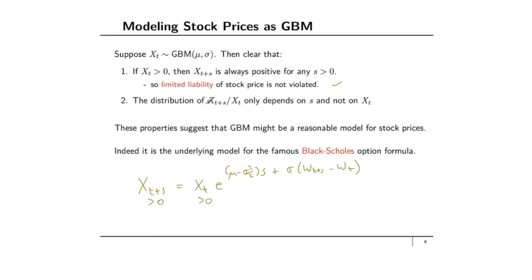So we can view this as being the return on a stock, the return between times t and t plus s, and we don't expect in general that this return should depend on the current value of the stock. So again, this is another nice property that geometric Brownian motion has that is generally reflected in stock prices as well. So these two properties suggest that geometric Brownian motion might be a reasonable model for stock prices, and indeed, geometric Brownian motion is the underlying model for the famous Black-Scholes option formula that we will also see in this course.